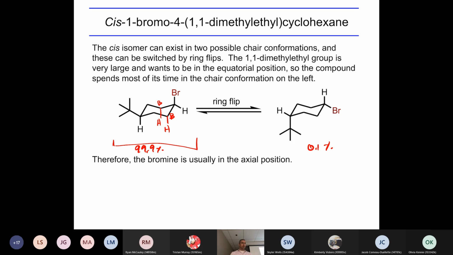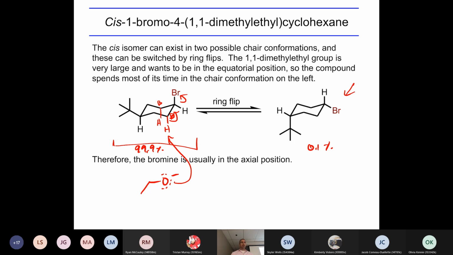By putting the ring in that conformation, you have the bromine axial, which it needs to be, and the two beta hydrogens are also axial. They're anti-coplanar, perfect orientation for an E2. And you get your product. Easy peasy. So that tert-butyl group kind of locks the molecule in that reactive conformation.